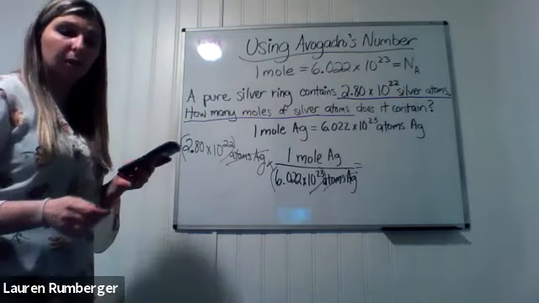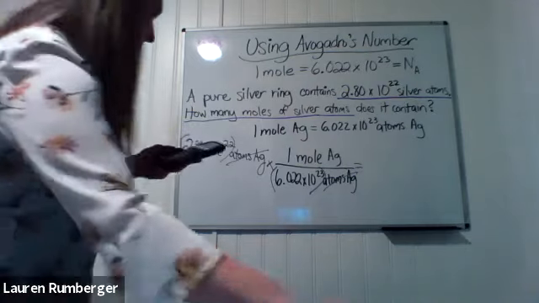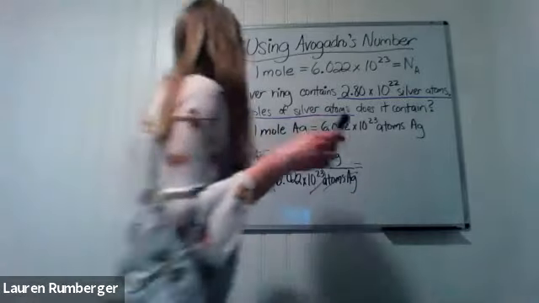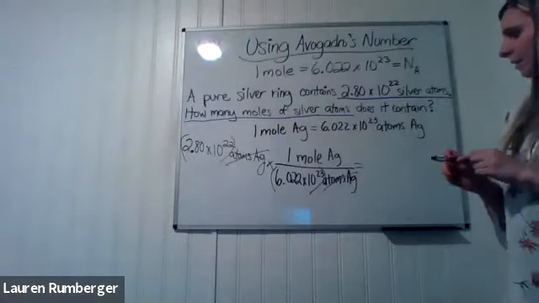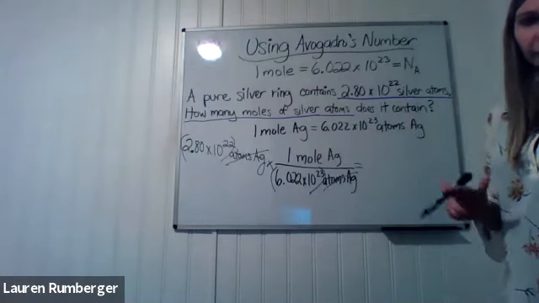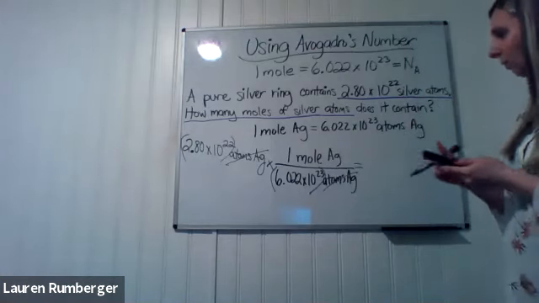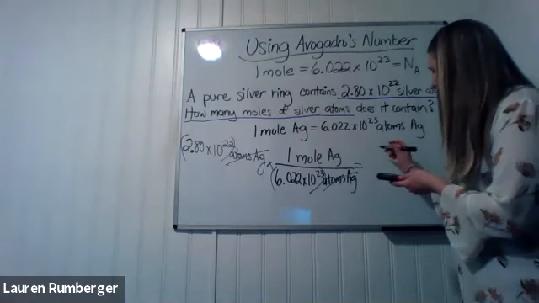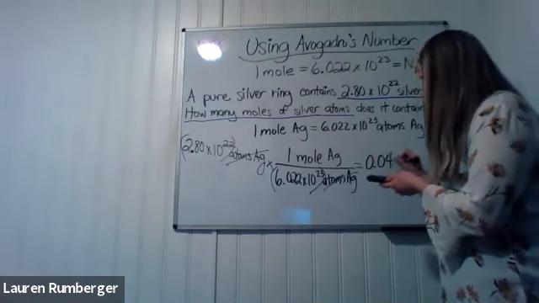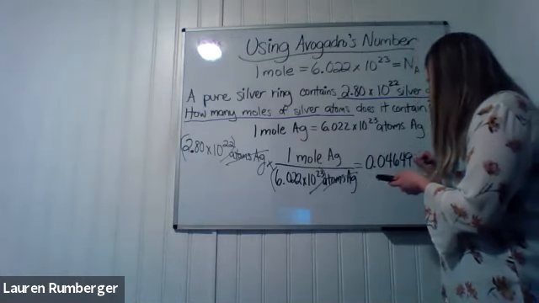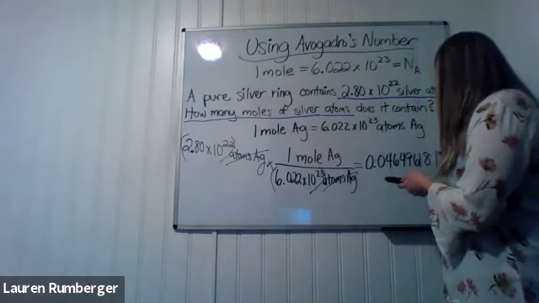Okay, so the number that I am getting is going to be, it's a bit lengthy right now on my calculator, but we're going to go over how we're going to round our answer. But this is what my calculator is giving me. 0.0464961881.